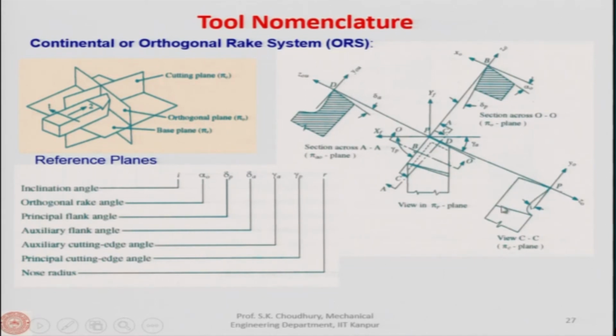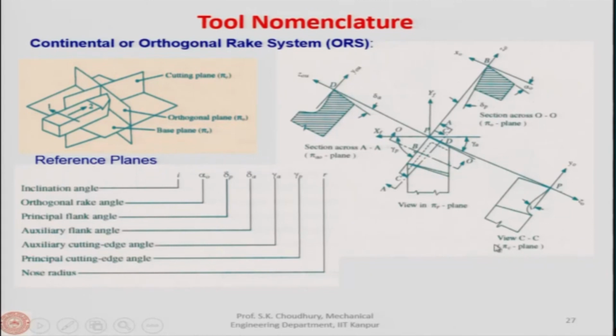In this view, if this is the principal cutting edge, and this is the plane containing it, we will actually see the rake face and the flank face, like I explained in the coordinate system. That is why it is written view CC. This is the rake face, the inclination of the rake face, and this is the flank face.